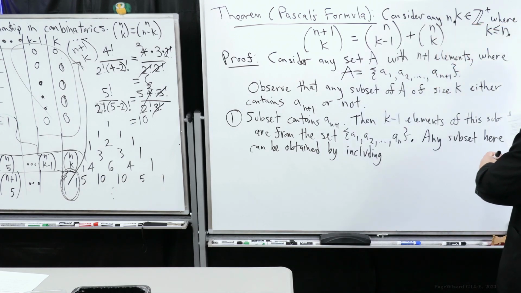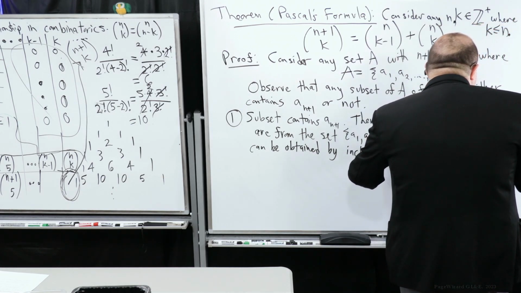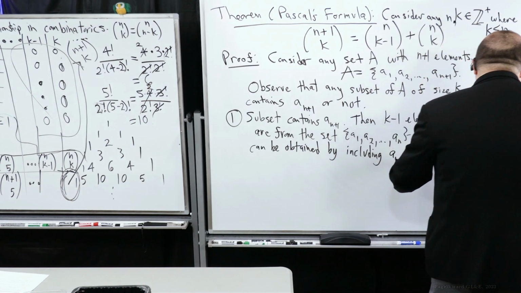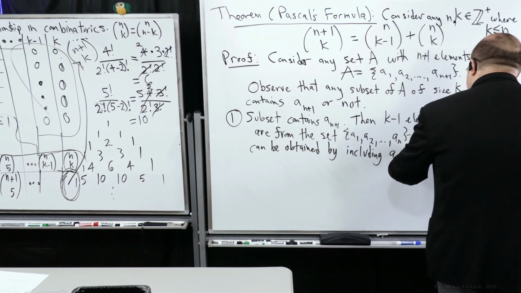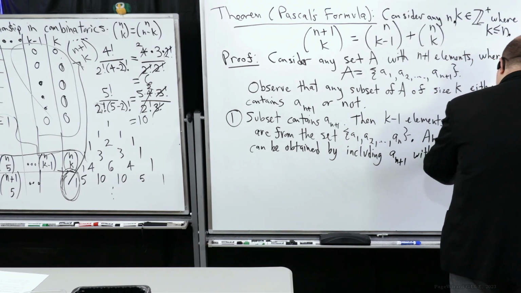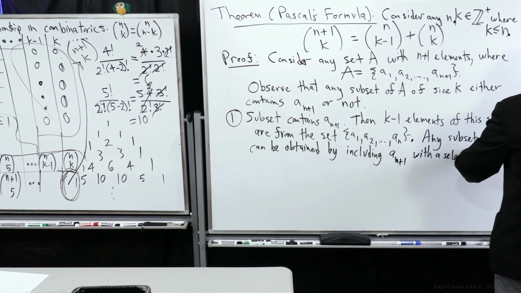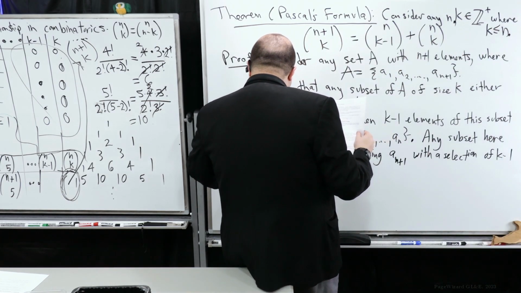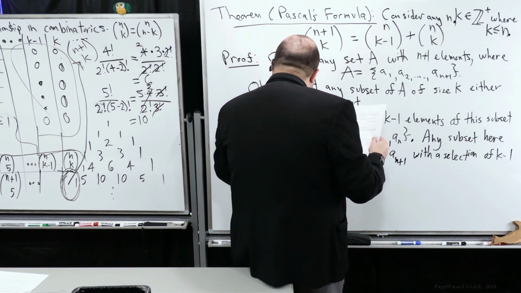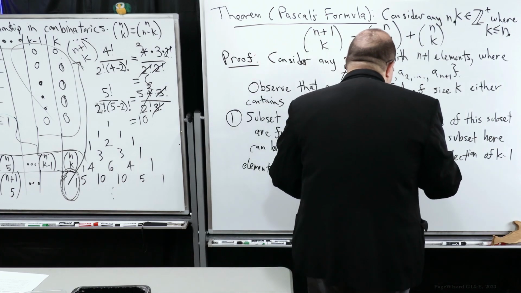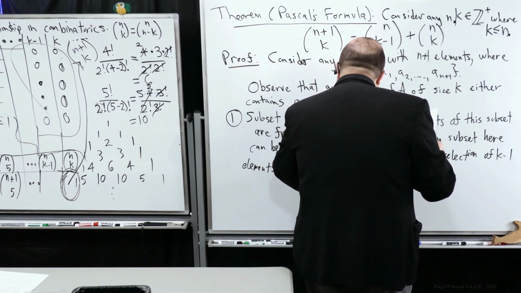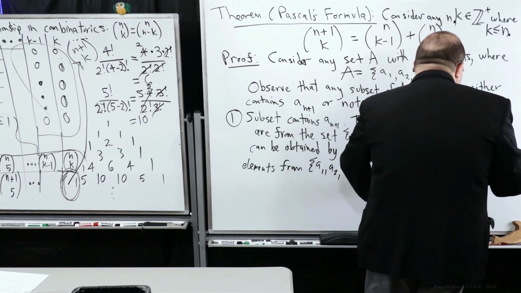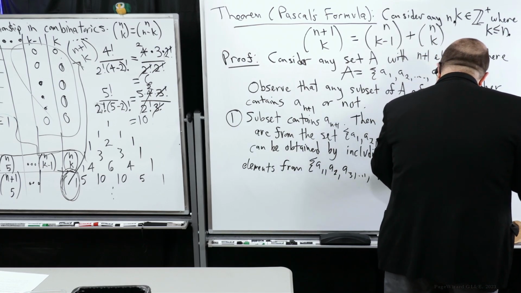That's all we're doing here. Obtained by including an plus 1 with a selection of k minus 1 elements from the set that contains elements A1, A2, A3, all the way up to AN, which has n elements, right? That has n elements.